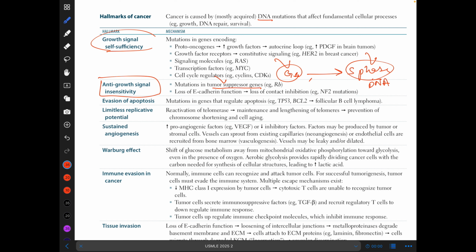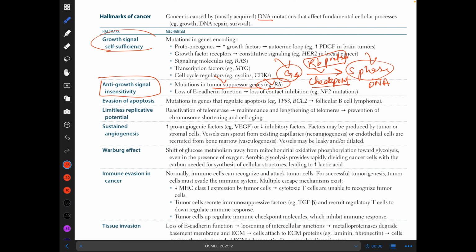Between these phases is a checkpoint that is controlled by RB proteins. These proteins are responsible for checking that the cells are okay, proper, and have no defect or abnormality, so the cell can divide and is not a cancerous cell. If there is a defect or inactivation of RB proteins, then there will be mutations and there will be cancer cell growth.